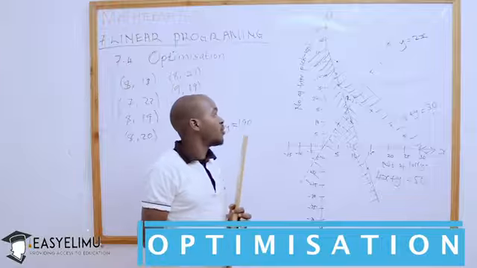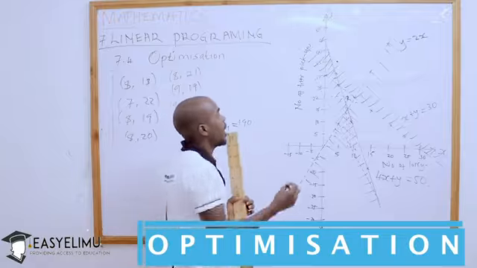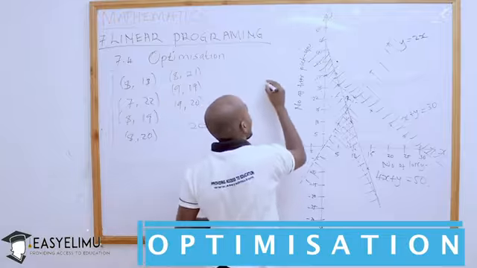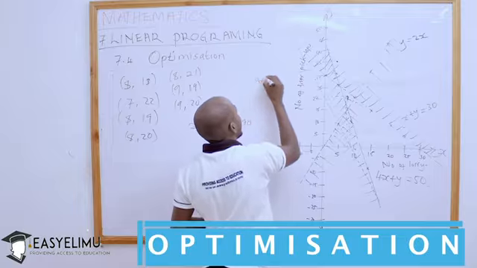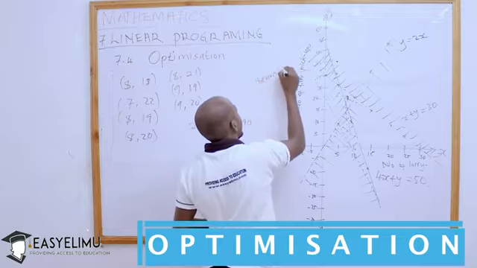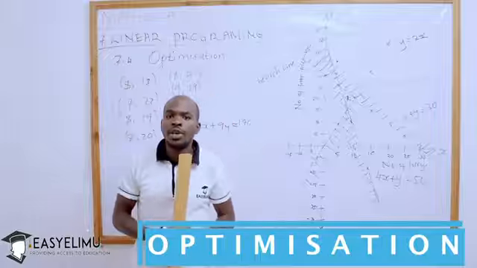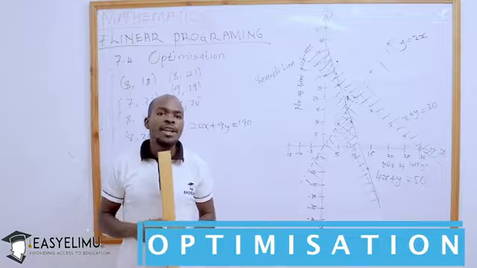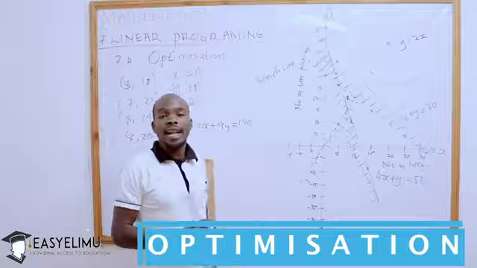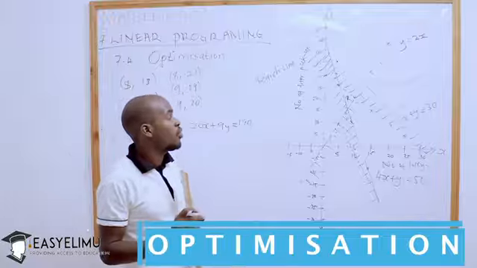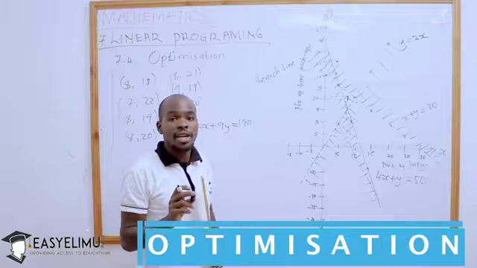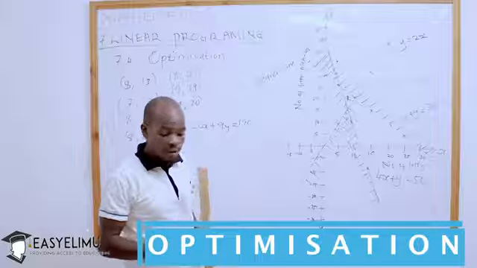That line is what you will use to find out the minimum value or maximum. This is the search line. You will use that line as the reference to find the minimum value of expenditure the contractor will use, or the maximum value.